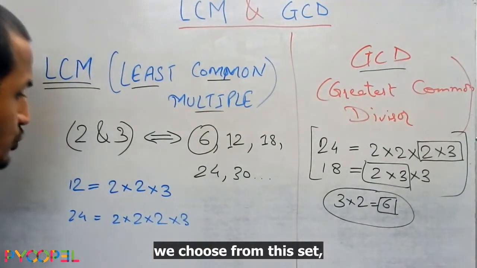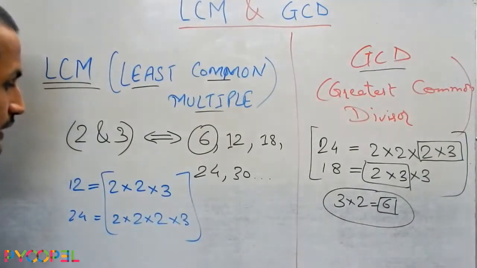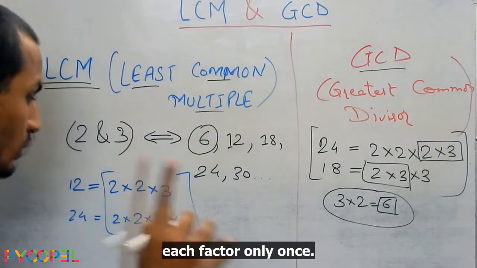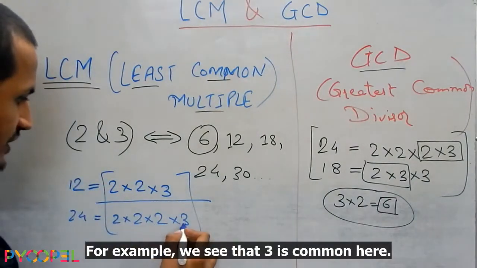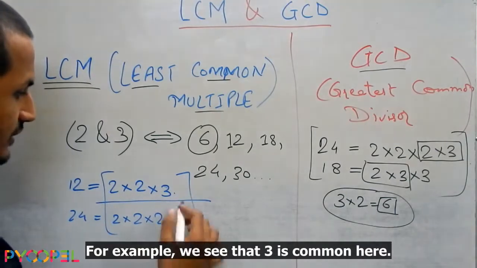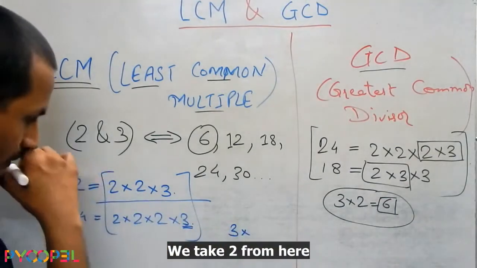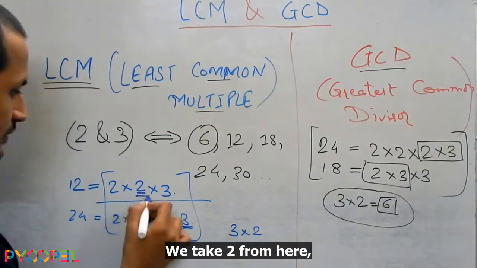and we choose from this set each factor only once. So for example, we see that 3 is common here. We take 3, okay. We take 2 from here.